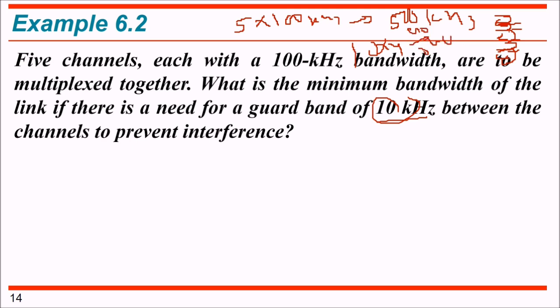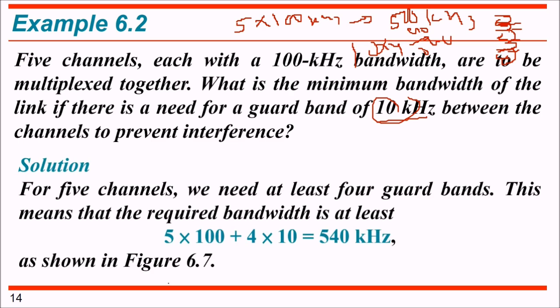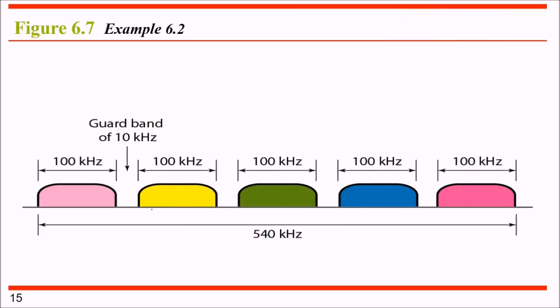Let me tell you in a more formal way. We have 5 channels. We need at least 4 guard bands. This means that the required bandwidth is at least 5 into 100 plus 4 into 10, that is 540 kilohertz. Like this. These are guard bands. 4 guard bands, 10 each, that is 40. 5 channels, 500, plus 40, 540.